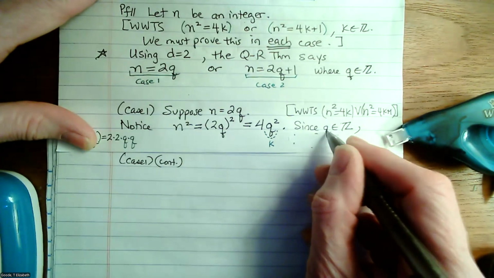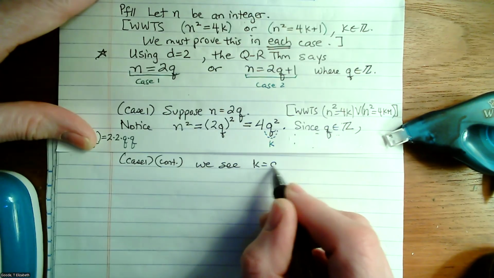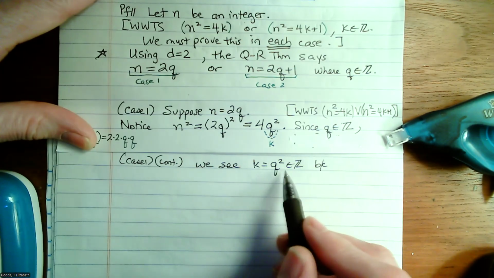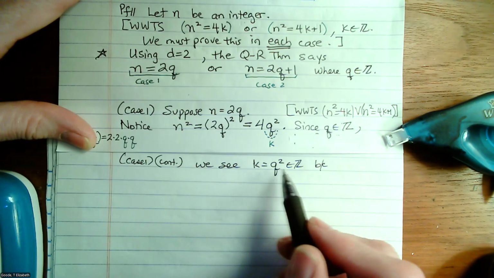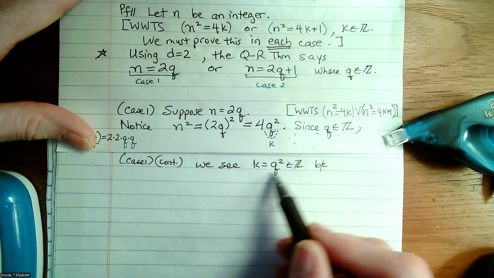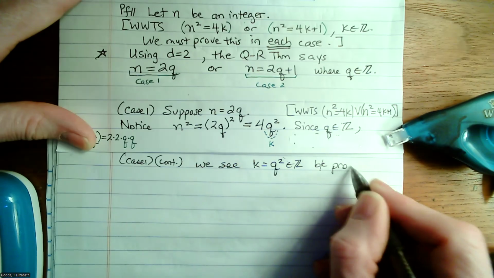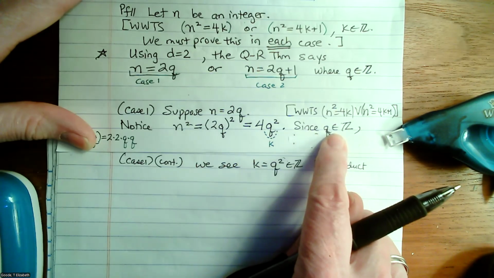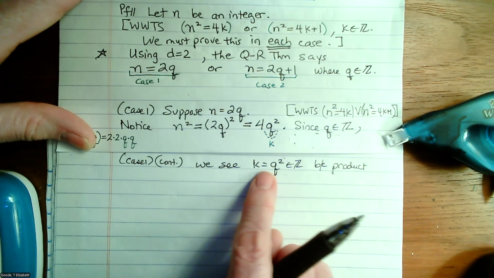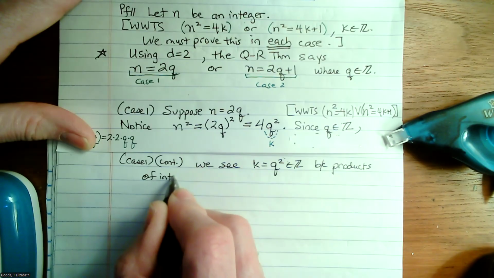Since q is in Z, we see that k equals q squared is in Z, because what operations are we using to build k from q? Multiplication, right? We're multiplying q times q. So because products of integers are integers, q is an integer, and we're building k by multiplying q times q, we know k is an integer because products of integers are integers.